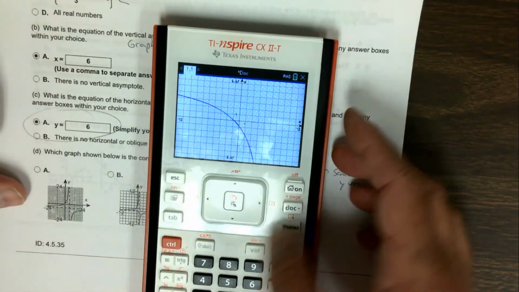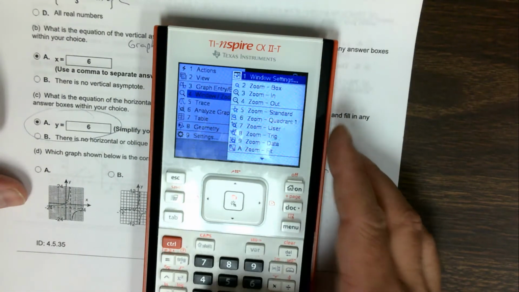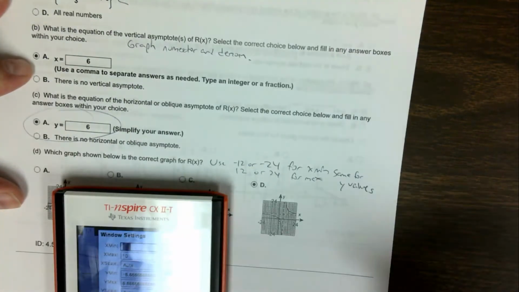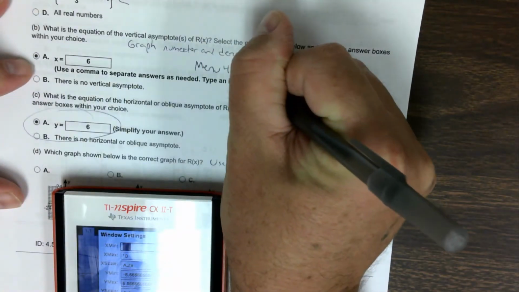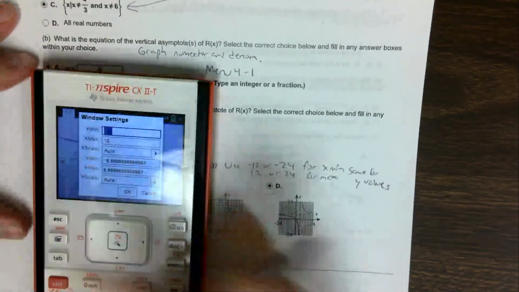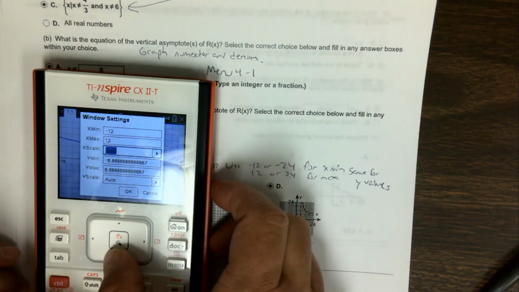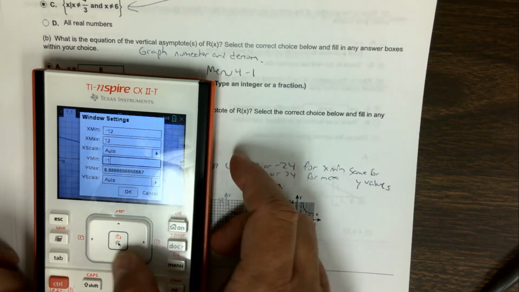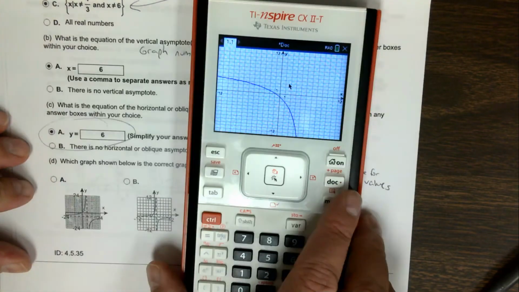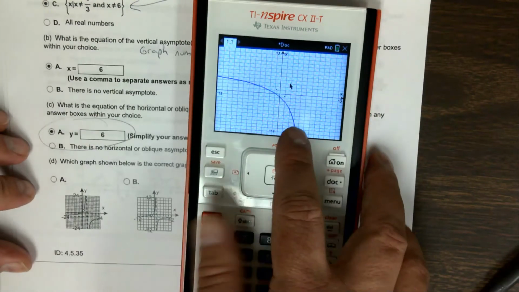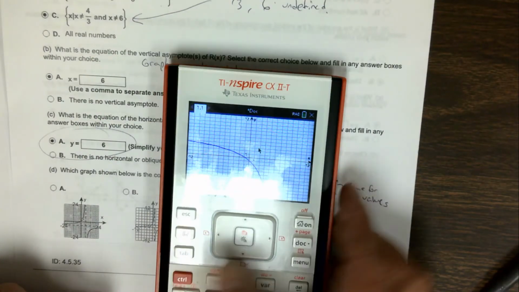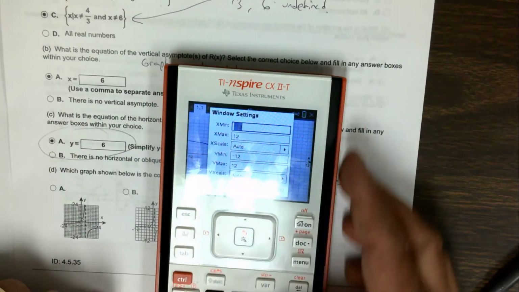Okay, so let's see how it looks. Menu, 4, 1. And I'm going to set it first to -12 to 12 for both, and it looks like that, which isn't enough. We see part of it, but we don't see everything. So now let's change that to be negative 24 to 24.